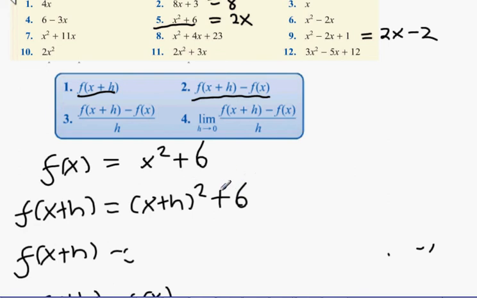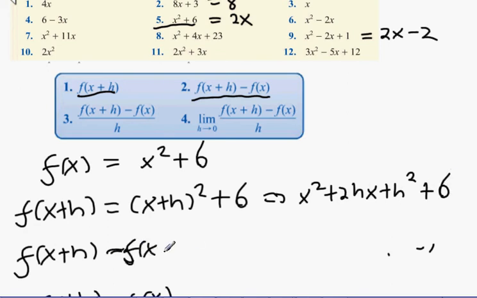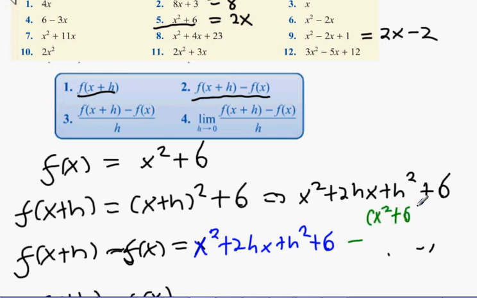And then finally, it's going to be x squared plus 2hx plus h squared plus 6. One of them minus the other one, I'll colour code them. x squared plus 2hx plus h squared plus 6 minus x squared plus 6, which is minus x squared minus 6.